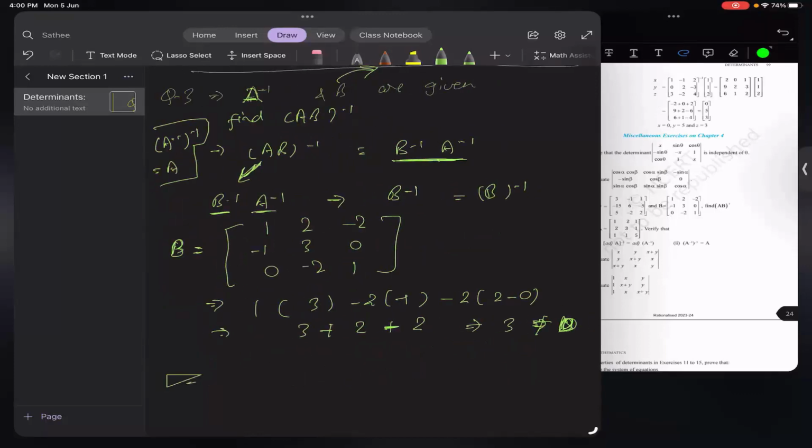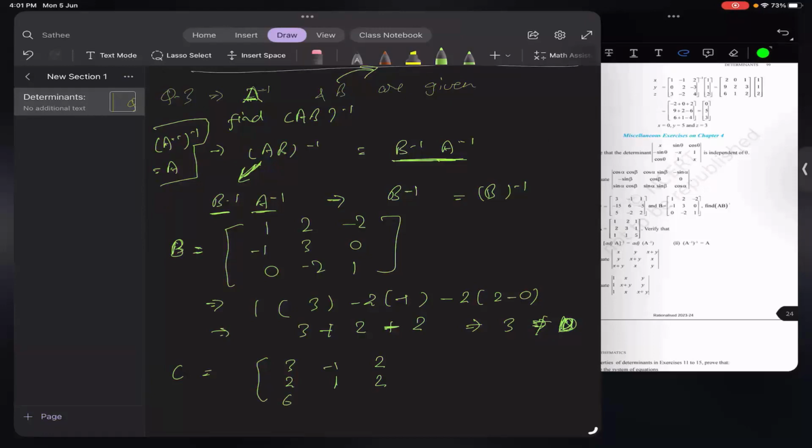For the inverse we just need to find the C matrix. So the C matrix would be simply this should be 3, and this should be minus 1, and this should be 2, and the next row would be 2, 1, 2, and this term would be 6, and this would be minus 2.